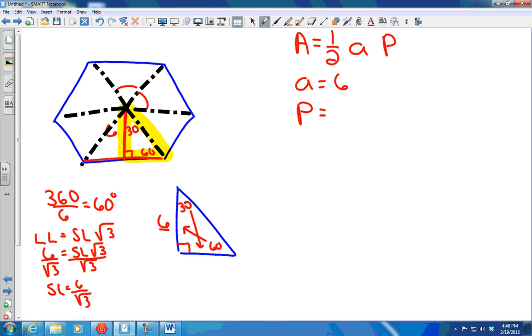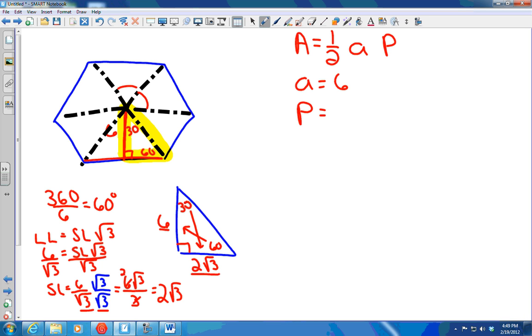I'm not allowed to have a square root in the denominator, so I have to rationalize the denominator, multiplying top and bottom by the square root of 3. And so 6 times the square root of 3 is 6 times the square root of 3, and the square root of 3 times the square root of 3 is just 3. And those will reduce. So now I know that side is 2 times the square root of 3.